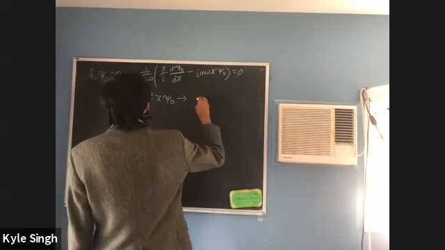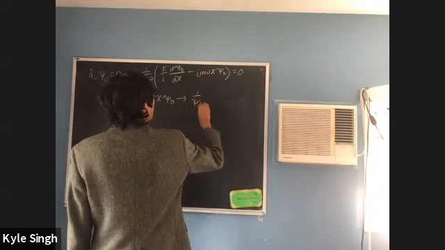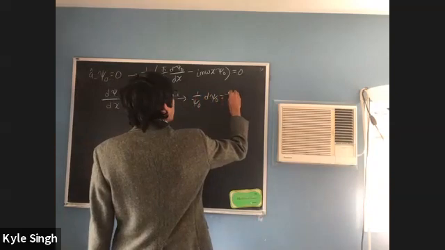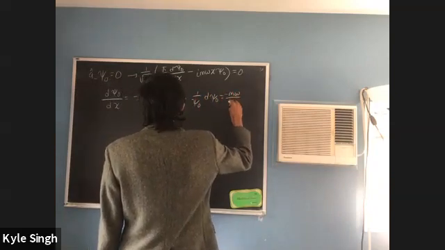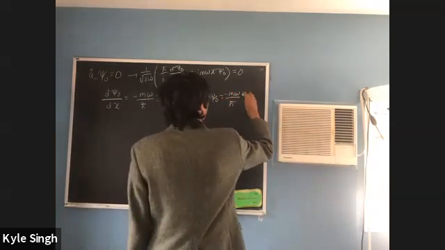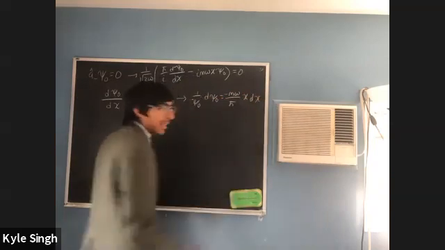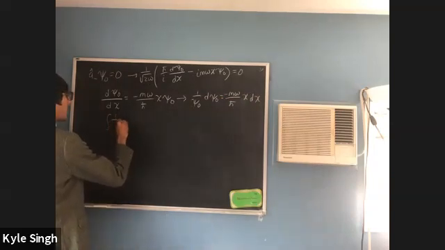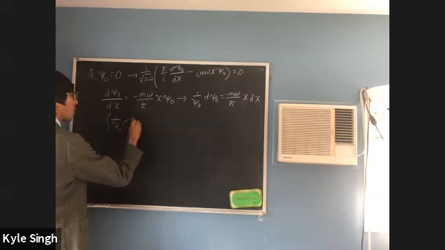So what do I get? I just get a 1 over psi naught, d psi naught equals minus m omega over h bar x dx, right? And now, as promised, we integrate both sides. So I integrate the right side to solve this equation.